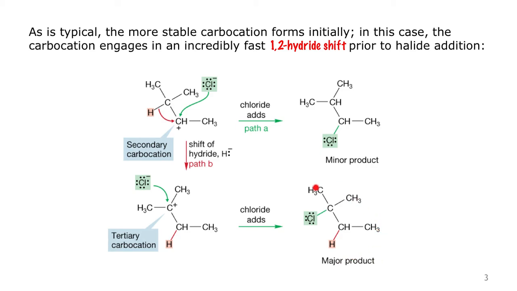So why do we produce so much more of the major product if this has to happen before you can get to here? The answer is that this intramolecular hydride shift is much, much faster than the intermolecular interaction between the chloride ion and the carbocation. The intermolecular reaction requires that the two molecules bump into one another with the right geometry in order to occur.